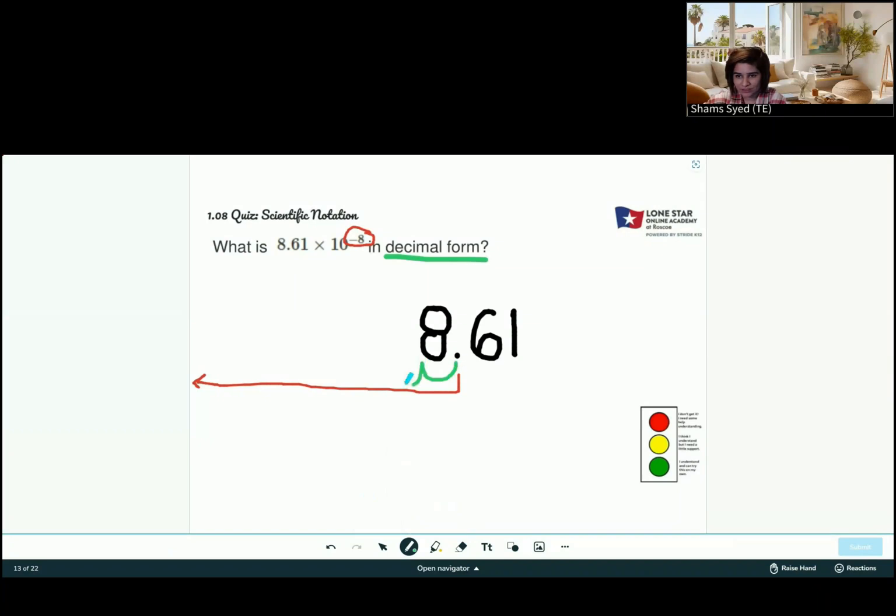1, 2, 3, 4, 5, 6, 7, 8. That's where the decimal goes. All these are going to be filled with zeros, right? So 0, 1, 2, 3, 4, 5, 6, 7. 7 zeros, and then there's 861.